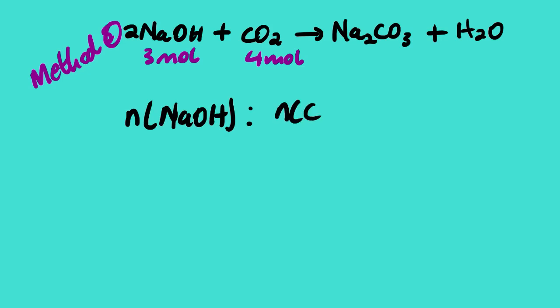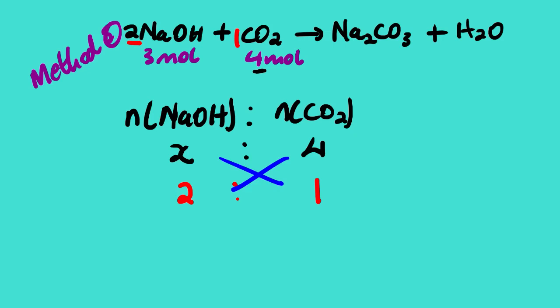So basically we are going to test each. If we start with sodium hydroxide, we want to check whether sodium hydroxide is the limiting reagent. We are going to put X here, and then we are going to take the number of moles of carbon dioxide. Then from here, we are going to use the ratio of the balanced equation, the coefficient. So we have 2:1.